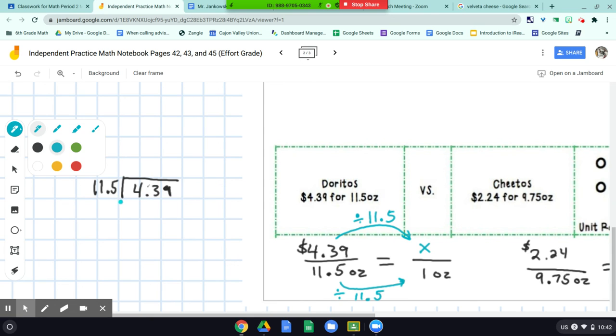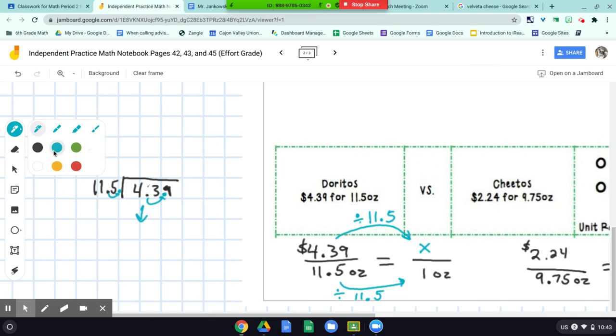That is correct. Yes, we have to move the decimal in the divisor first. So I'm going to move this one decimal space over, and that's where it's going to stay. But whatever I do to the divisor, I have to do to the dividend too. So how many decimal spaces am I going to move the decimal in the dividend over? One space as well. So I'm going to rewrite this problem so that it's less confusing for me and for everyone else.